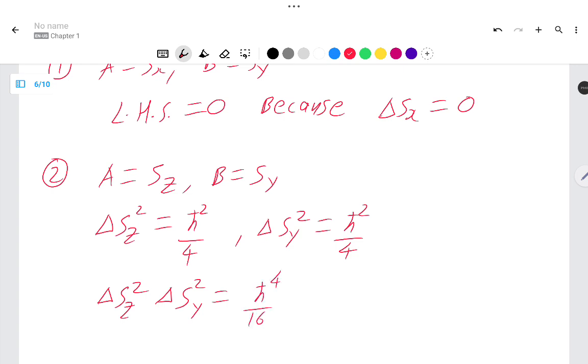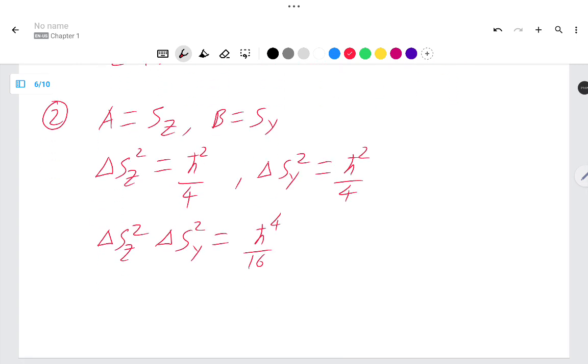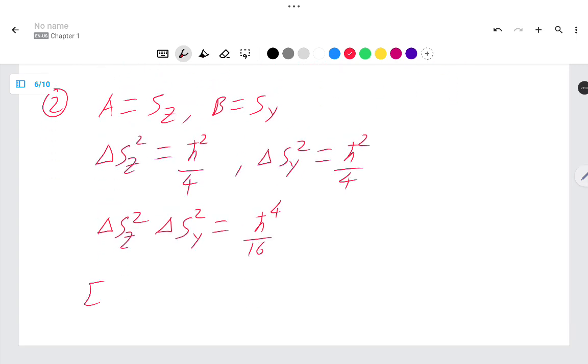Now I need to see the commutator relation of Sz and Sy.